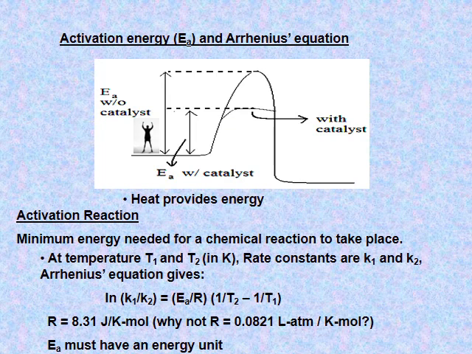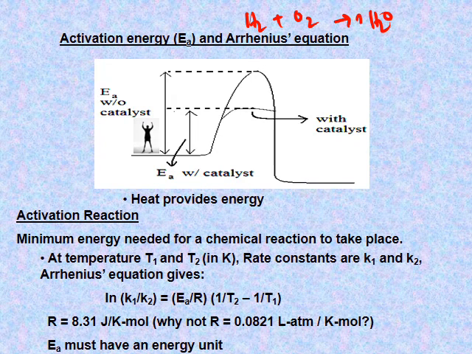Now here we're showing you activation energy or energy barrier involved in a chemical reaction. If I just put 2 or 3 chemicals together, there'll be no reaction until and unless we provide enough energy. Think about any reaction. Let me give you one example: H2 plus O2 giving H2O.